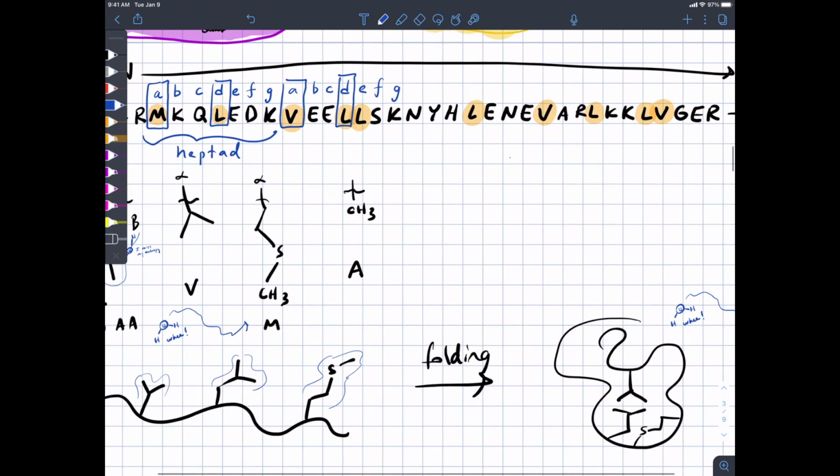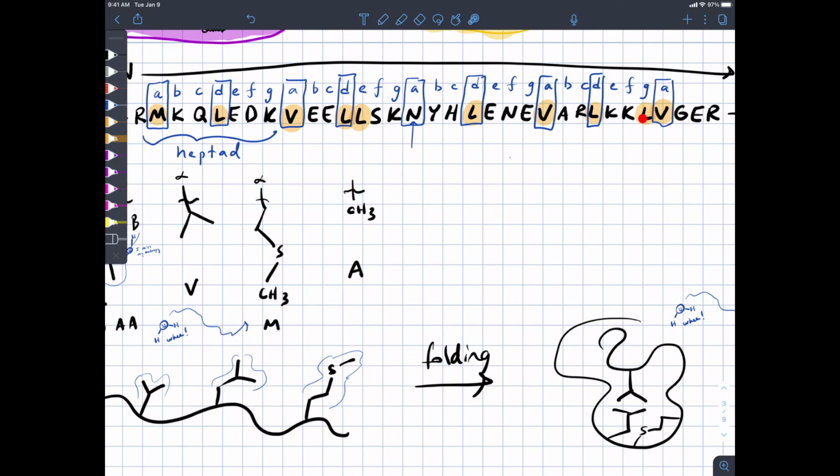And if you continue on, A, B, C, D, E, F, G, there's a weird one here. That polar amino acid is actually doing something special, which we don't need to worry about right now. But again, D is a nonpolar amino acid. Then again, A, B, C, D, E, F, G. The pattern is fulfilled, then we get one final A. Again, there are exceptions.